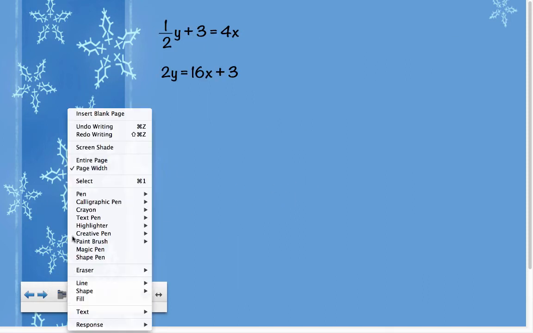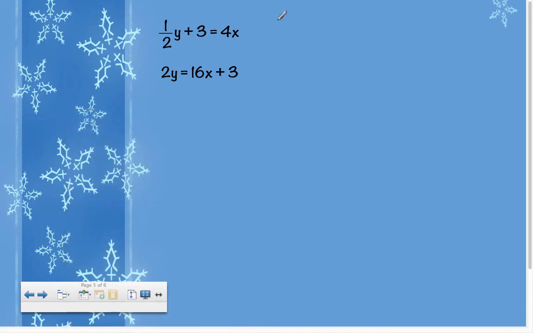All right, last one we're going to look at. I'm going to solve this one for y. Bring that 3 over. I'm going to multiply by 2 to get rid of that, which means I'm going to multiply everybody here by 2. Now I can substitute.